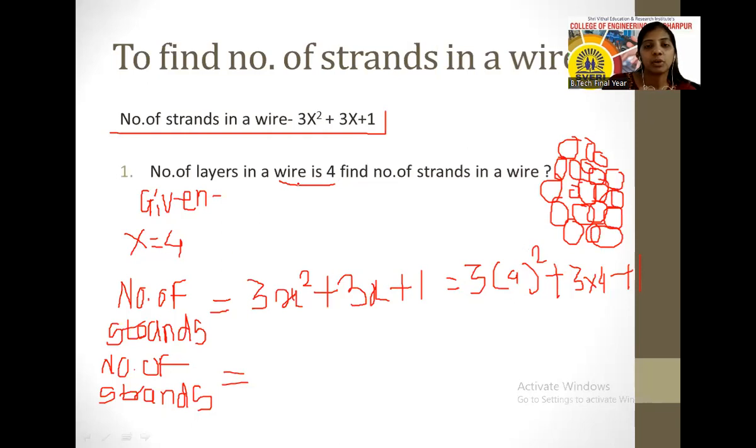Okay, like that we need to draw 4 layers here. And how many strands will come here? That means this is a single strand. So how many strands will come here? Put your answer.